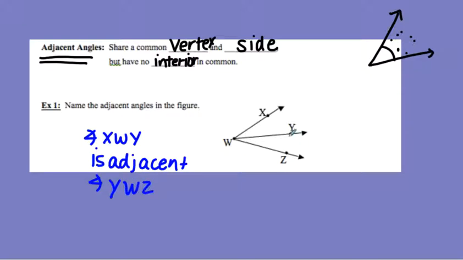So YWZ is this angle. And then XWY is this angle right here. You can see they have a common vertex, which is W, the middle letter, and they share a common side. That common ray is WY. So that's in both of the angles. Okay, so adjacent angles are just angles that are right next to each other.